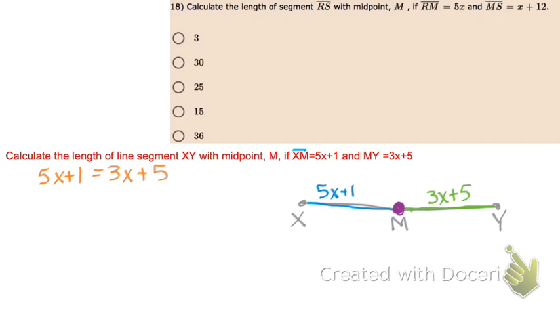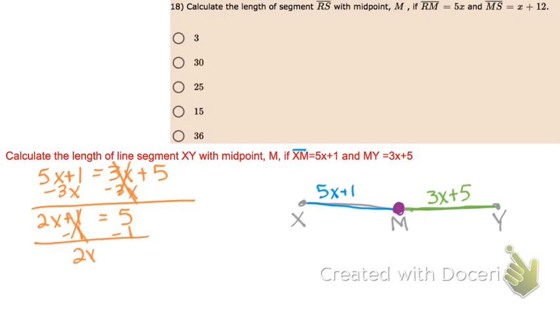Now, we solve this to find out what x is. So I'm going to move all my variables to one side. So I'm going to subtract 3x from both sides. Then I'm going to solve this by moving the 1 over and then dividing by 2.